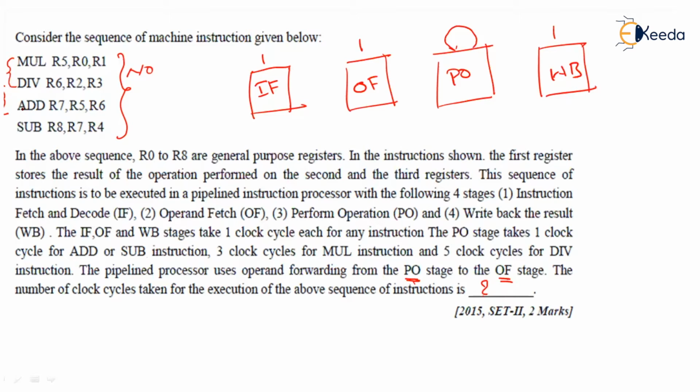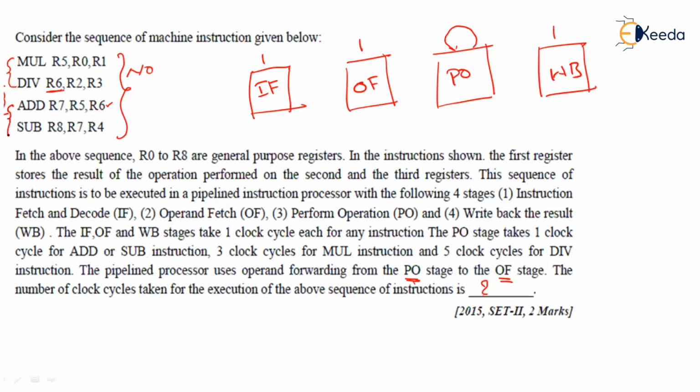R6 is used as the destination in the division instruction, and in the add instruction, which is subsequent to the division, R6 is a source. Unless R6 is produced after the execution of the division instruction, there is no way that I can fetch R6 directly. So there is a dependency between these 2 instructions.